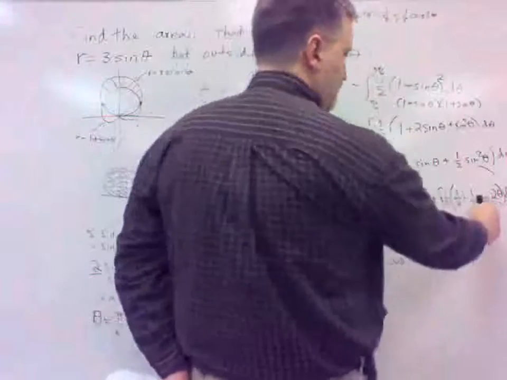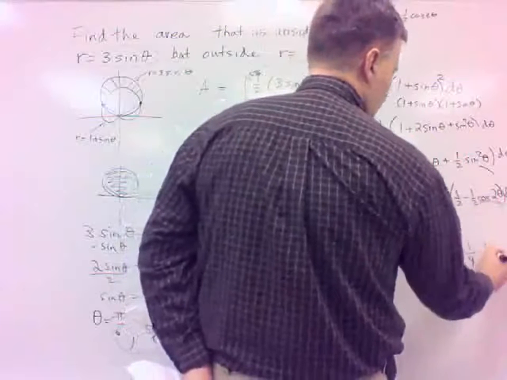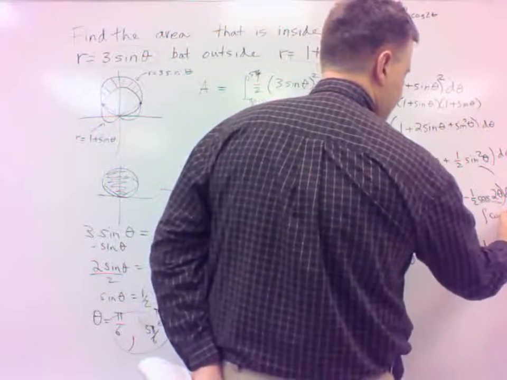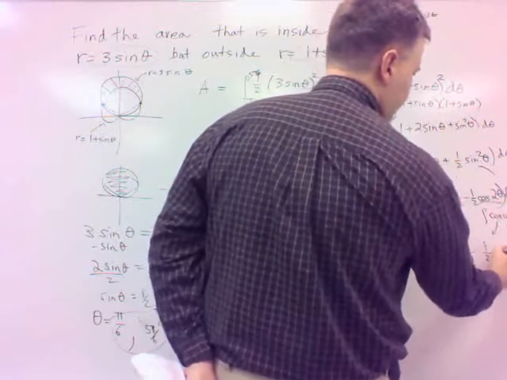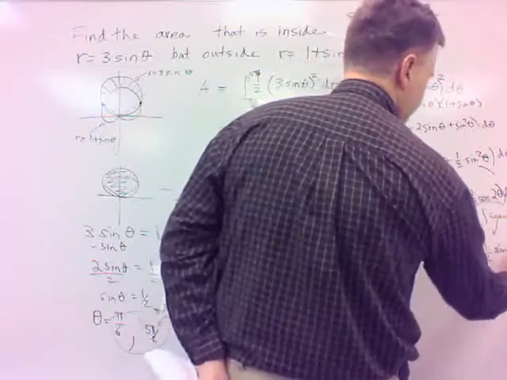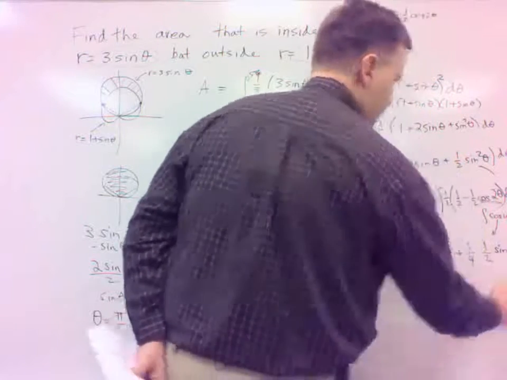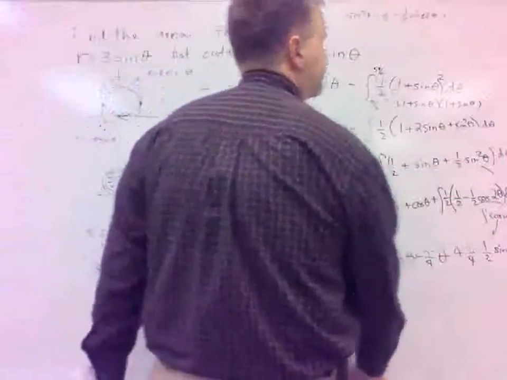And then, again, with u equals 2 theta, I'm going to need another half, and doing the integral of cosine of u du over 2. So that's going to be a half of sine of u again, which is going to be 2 theta. And then I need to integrate that from my little integrals.